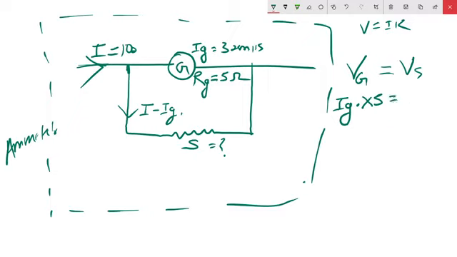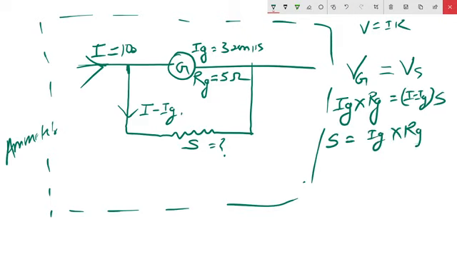Here the current is I minus Ig, and if you multiply with S, now S is equal to Ig into Rg divided by I minus Ig.